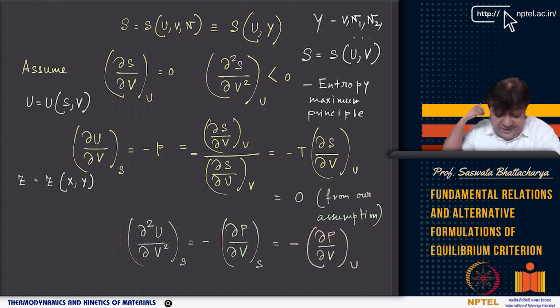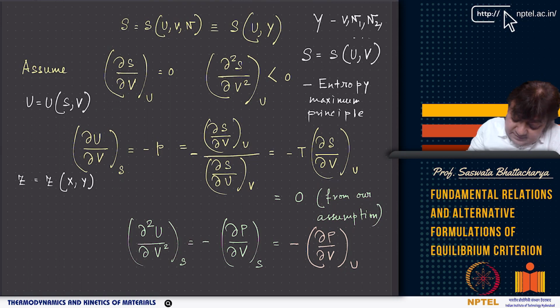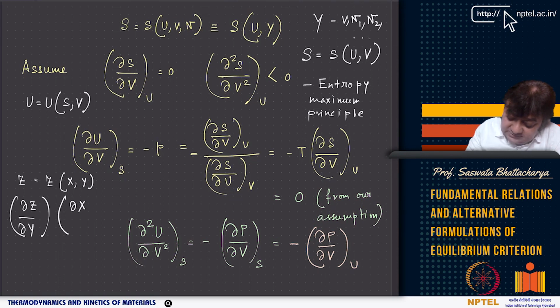Now if you have that, what you are telling is basically ∂Z/∂Y times ∂Z/∂Y times ∂X/∂Z, ∂Z/∂X.